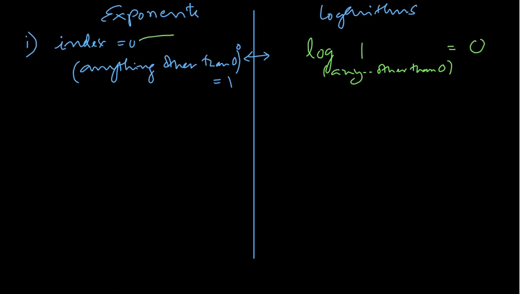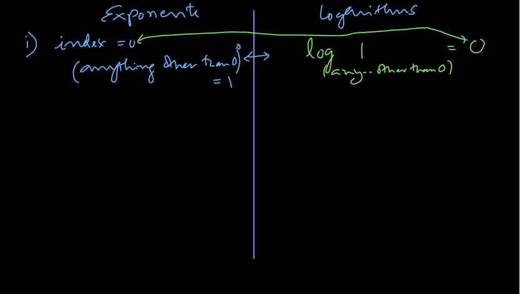So this 0, wait a minute, anything to the power of 0 equal to 1. Okay, so this 0, index is 0, right? That index 0 is coming to this place. So this is the first and foremost property.